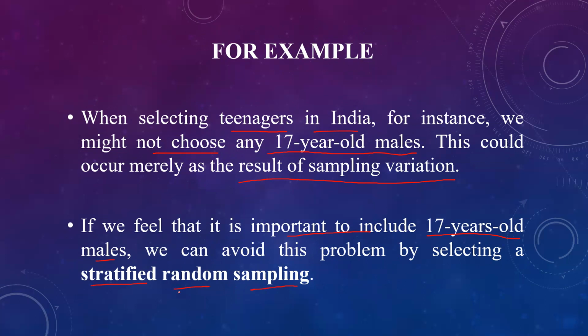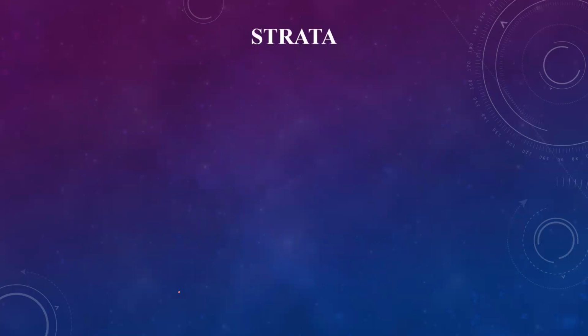For the stratified random sampling method, we can understand starting from strata. Why are we going to convert to strata? Because we take the total population, and out of the total population, we try to find the target population.